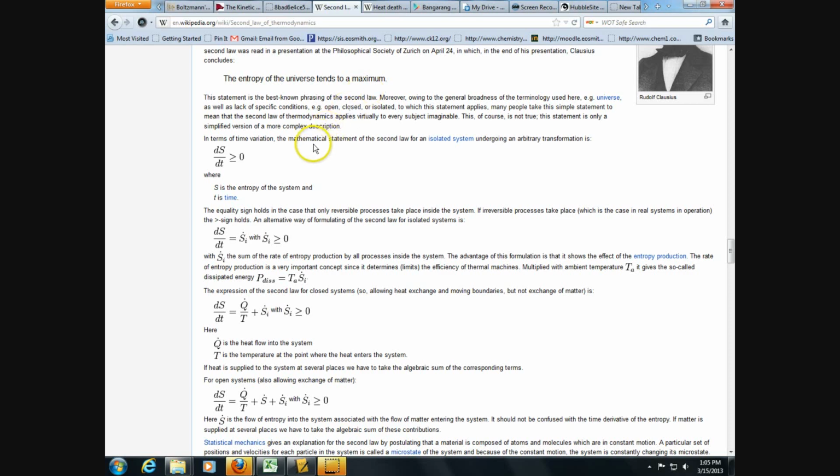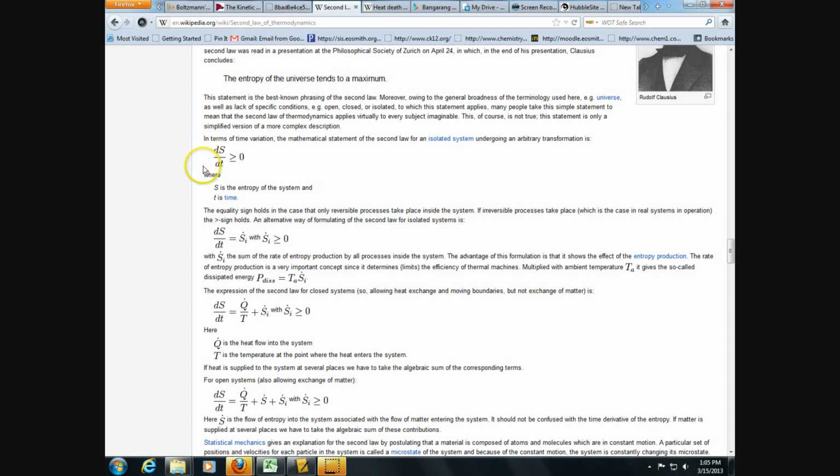However, if we look at the universe as a whole, in fact any isolated system, that is a system that can't exchange heat with its surroundings, then entropy always goes up in any spontaneous process, in any process that happens on its own.